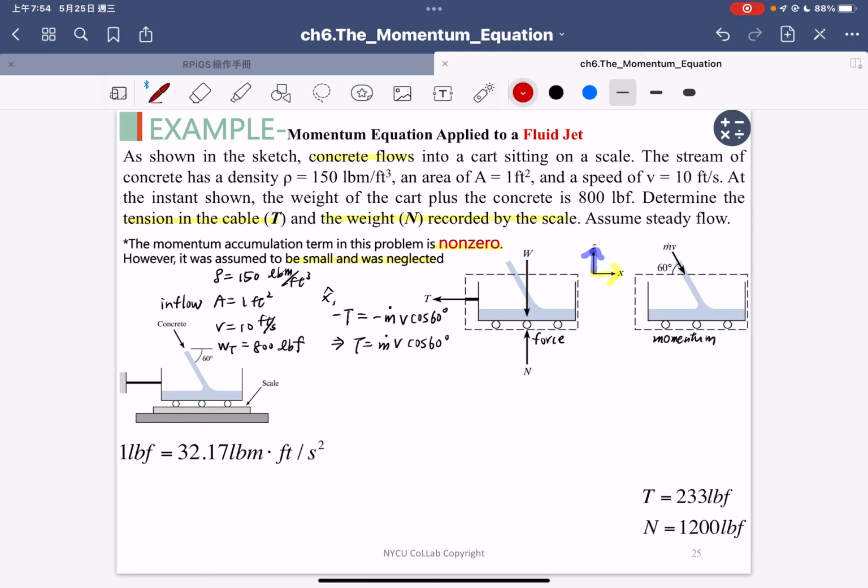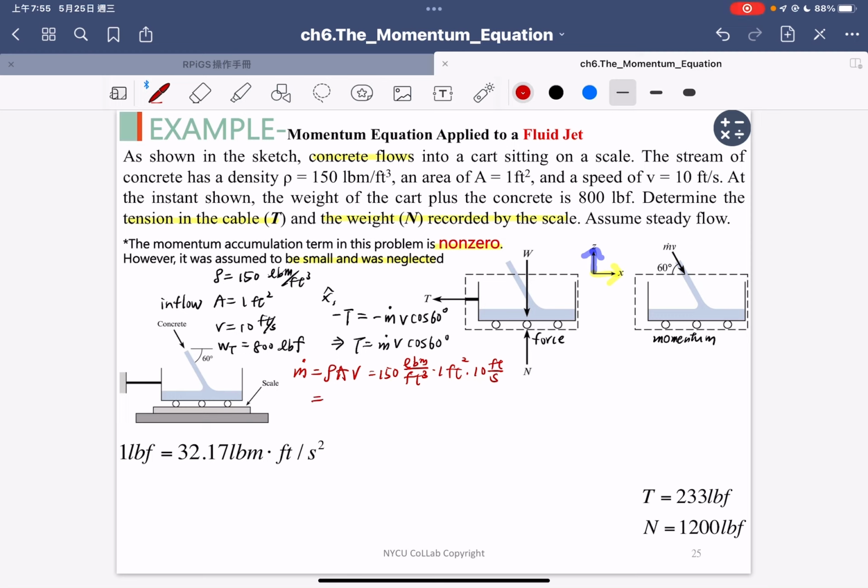So what is the mass flow rate? Again, the mass flow rate equals the density multiplied by the area and the velocity. So it is 150 pound mass per cubic foot, and the area is 1 square foot, and the velocity is 10 feet per second.